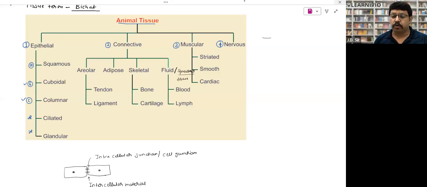The brain commands the whole skin, and the skin will shrink. Goosebumps will come. This is the phenomenon to protect the energy. Then shivering will start, with vibration in our jaw. These are mechanisms of producing energy inside the body so that we can maintain our internal body temperature. Clear?